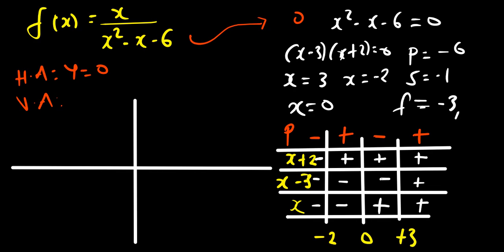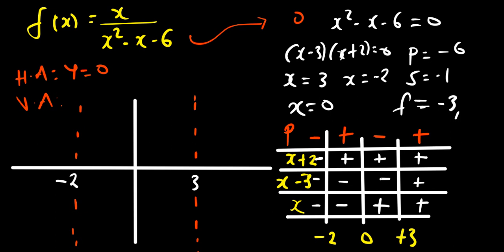Okay, so our vertical asymptotes, we said there was -2 and 3 actually, yeah, and 3. So these are vertical asymptotes. The graph will not touch these lines.